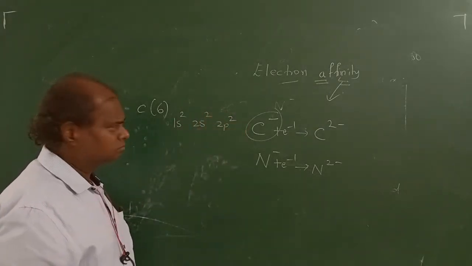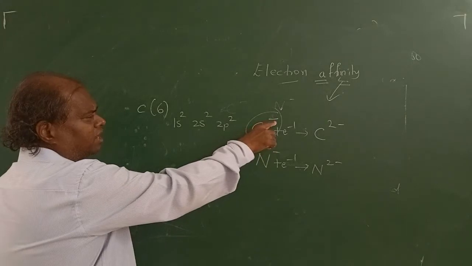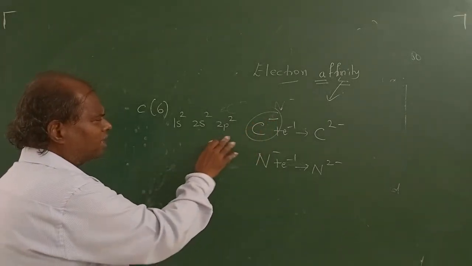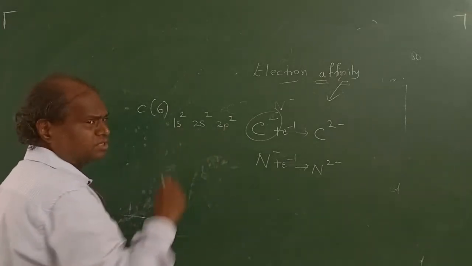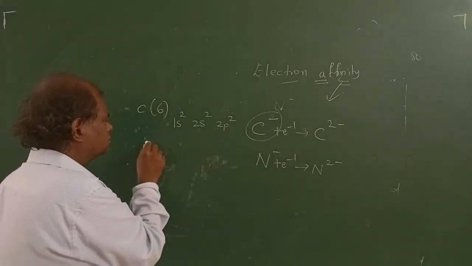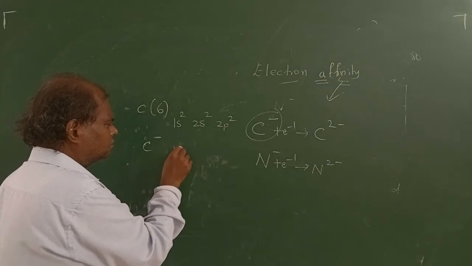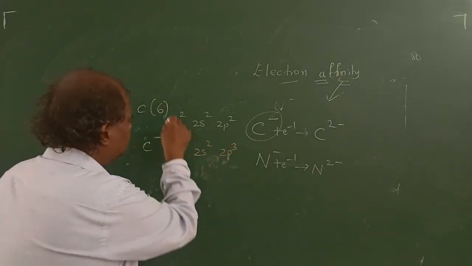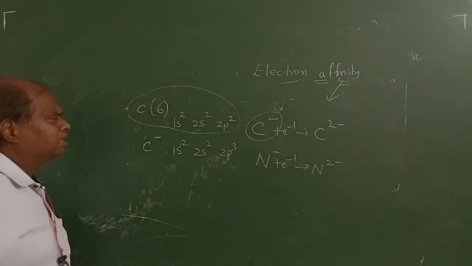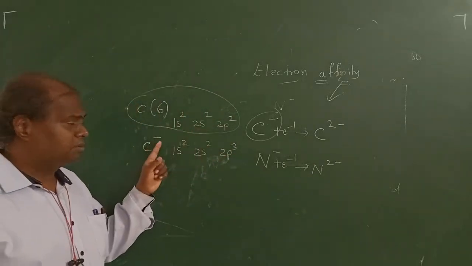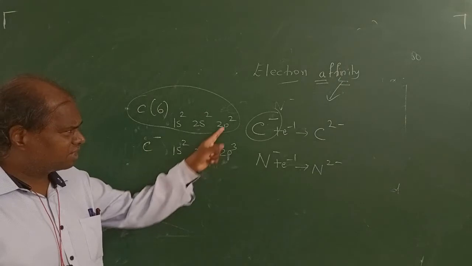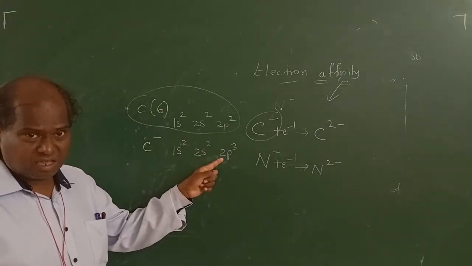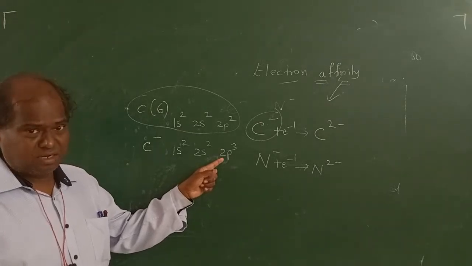Now you are adding one more electron here. When you add one more electron, just see, very interesting. This is the configuration of carbon, and this will be for C minus. C minus means you are adding one electron. You see from 2p2 it has become 2p3. Am I right?